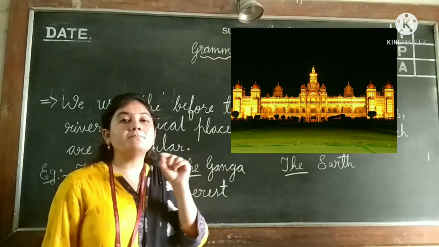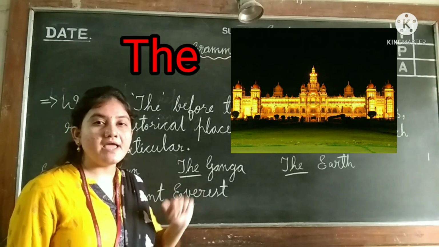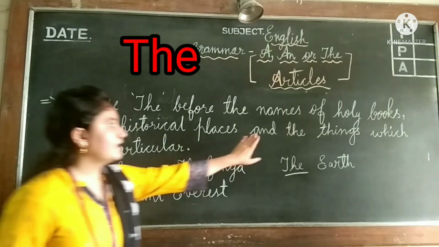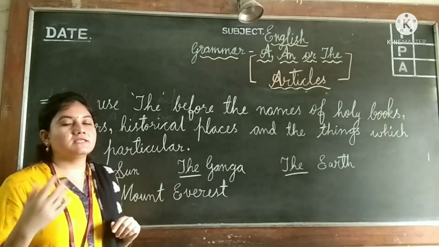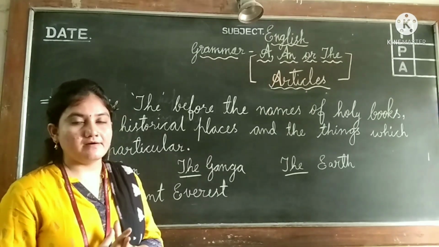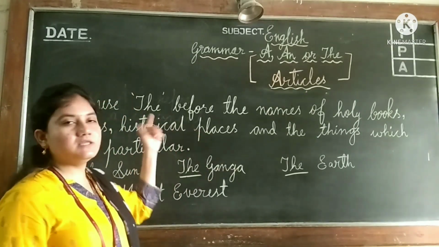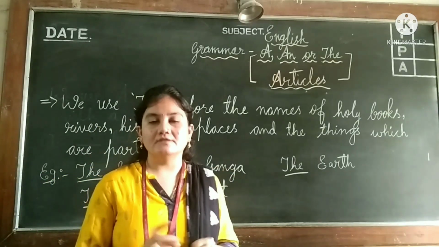So Mysore Palace is a historical place. So we'll say the Mysore Palace. Okay, like this, and the things which are particular. For those things we will be using the here. Got it, children? So these are the examples of the.